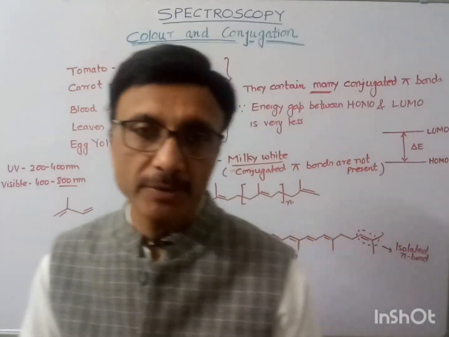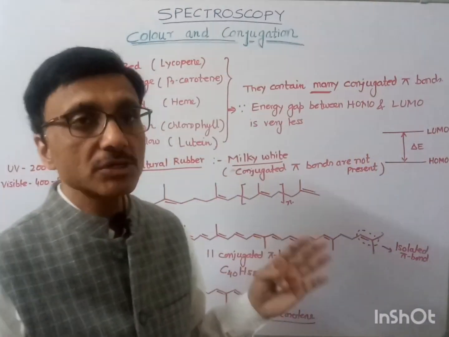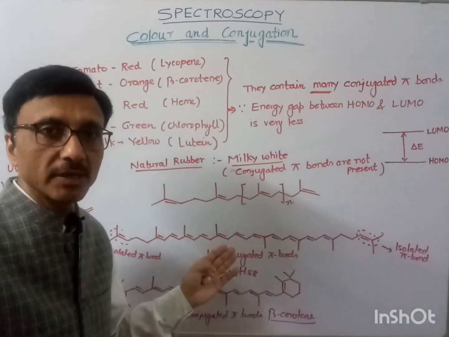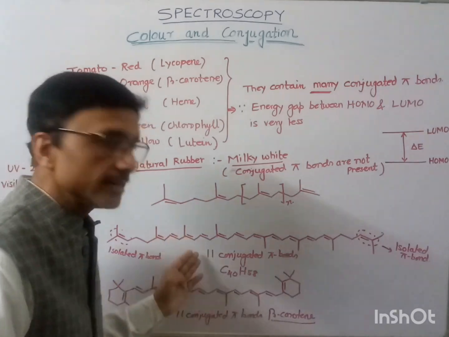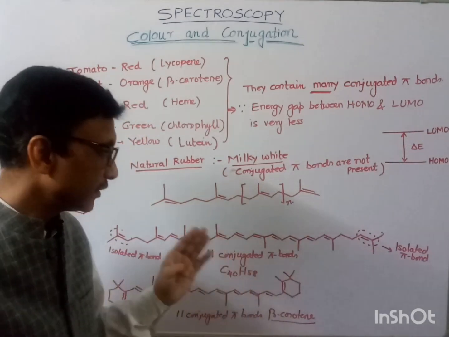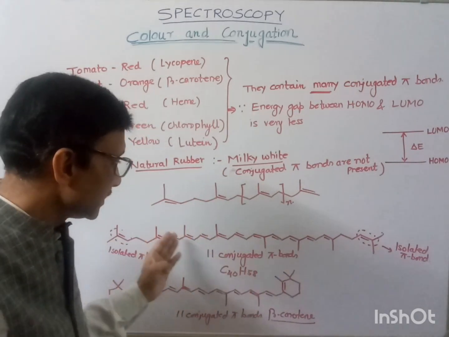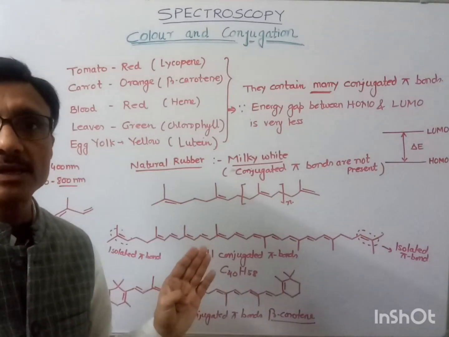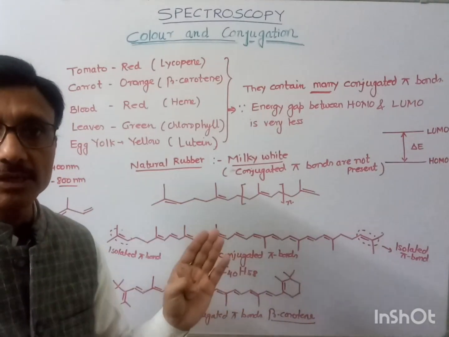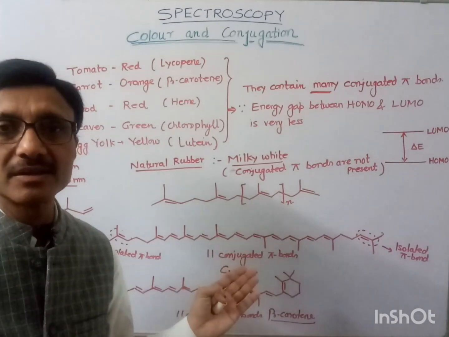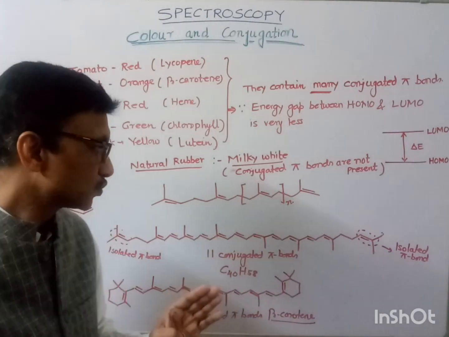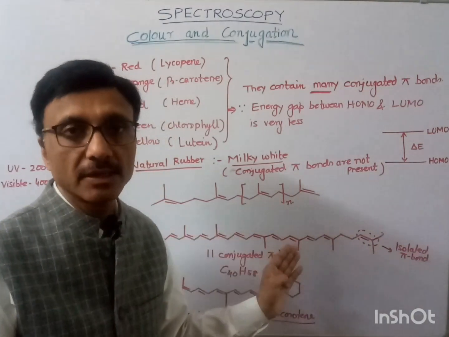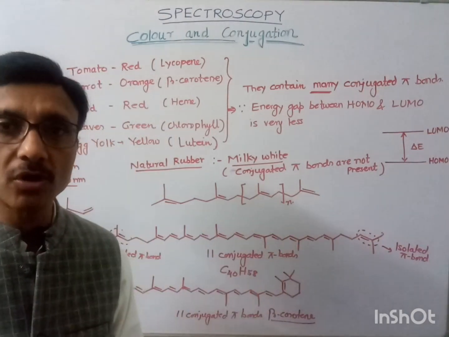Because it contains pi bonds, and until this unsaturation is removed, the red color of the tomato cannot be washed out. If it does not become saturated, the color will not be removed.